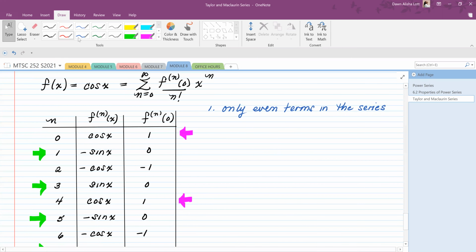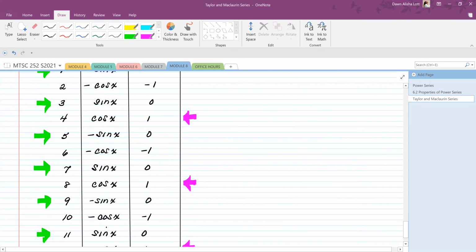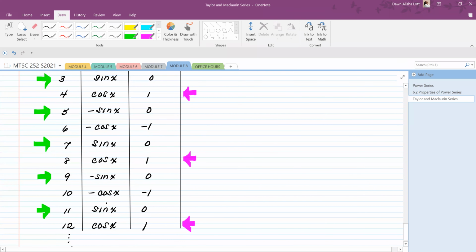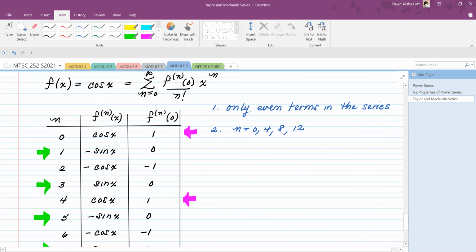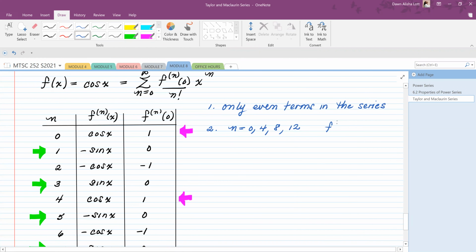I can see now, my second thing is when n is equal to 0, 4, 8, and 12, the nth derivative at 0 is equal to 1.